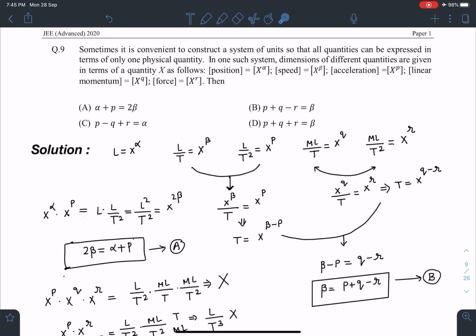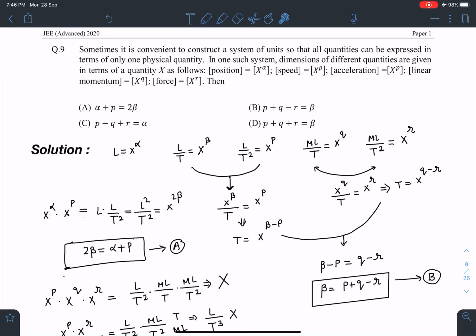The easiest way of solving this question is, I'm just writing here: length is x to the power alpha, L by T is velocity, L by T square is acceleration, M L T to the power minus 1 is momentum, M L by T square is force. So in the left part, it is alpha plus p. I can get alpha plus p by multiplying these two. It will become L square by T square, which is nothing but velocity square.